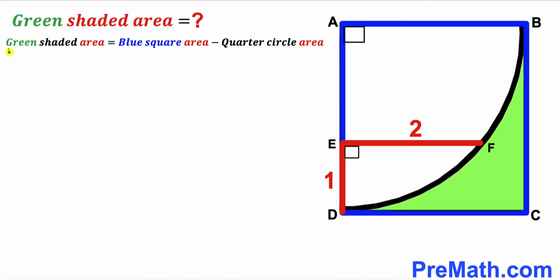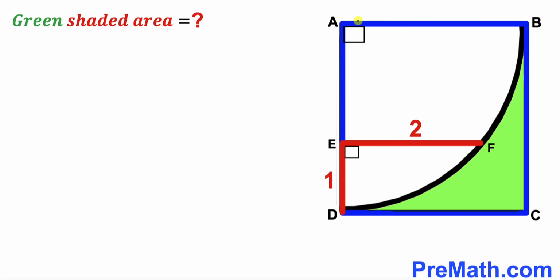The green shaded region area is going to be equal to the blue square ABCD area minus the area of the quarter circle. So now our task is to calculate the area of this blue square ABCD, and likewise the area of this quarter circle as well.